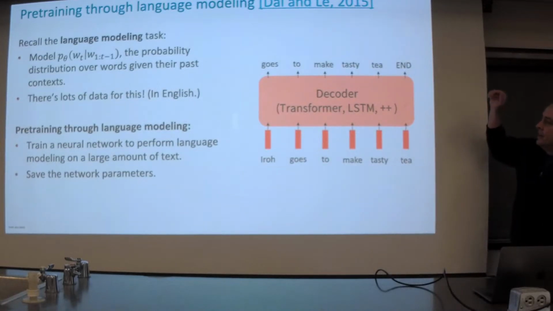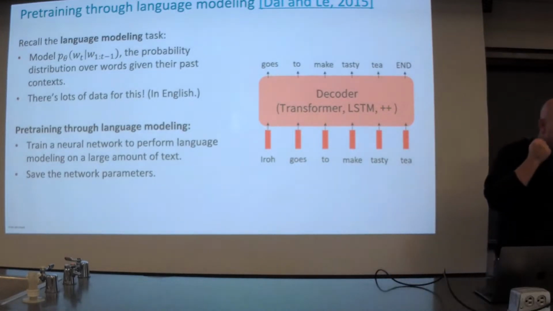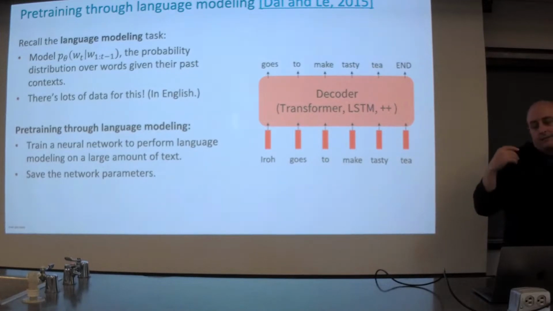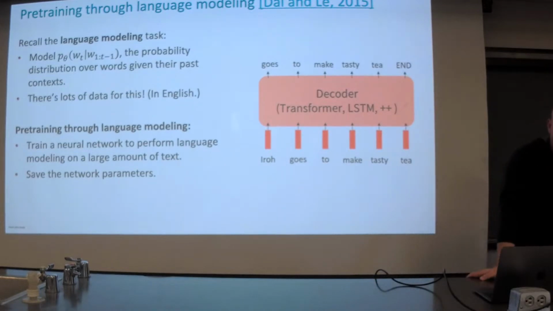So the idea here is that we have these massive transformers with lots of parameters, and we need lots of data to train them on. If we always require labeled data, we are in big trouble because we can't label that much data. Think about all the work that went into labeling something like ImageNet, which had tens of millions of images. We're now talking about needing billions and billions of data points.